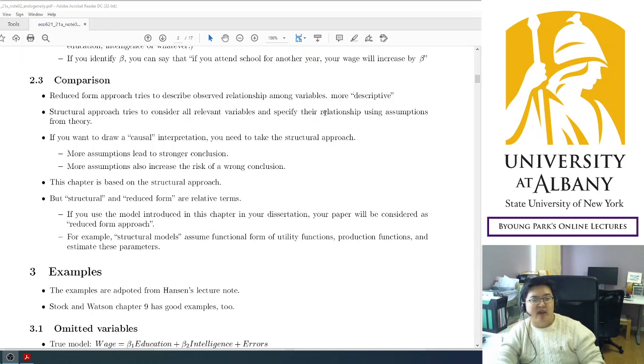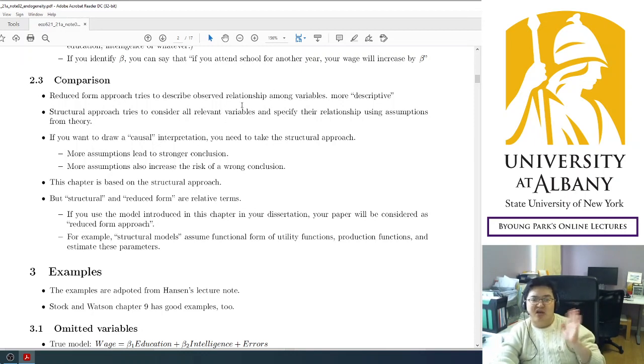So you may have heard about this problem, causality, or so many people say regression only talks about association or correlation, not about causation. If you want to say something about the causal relationship, cause and effect relationship, you need to take the structural approach.